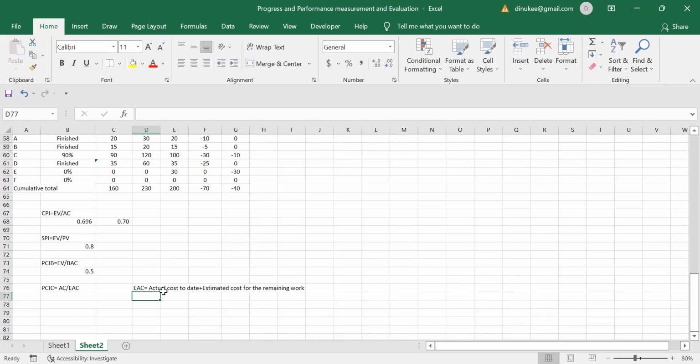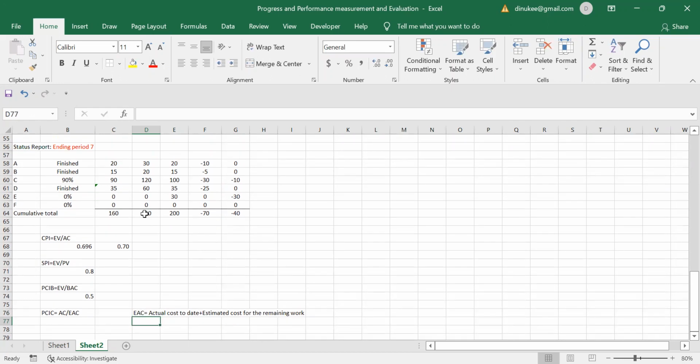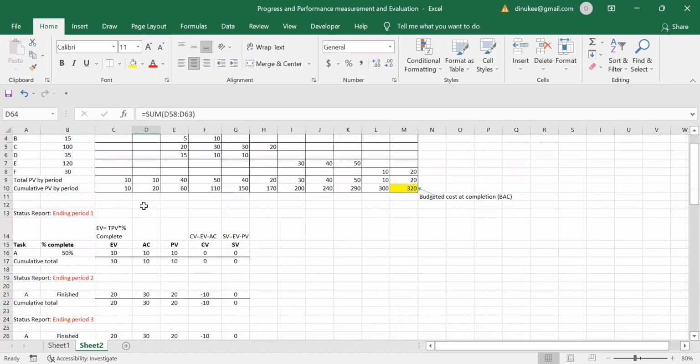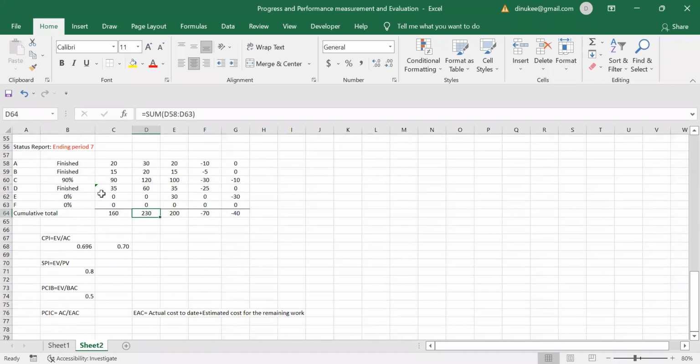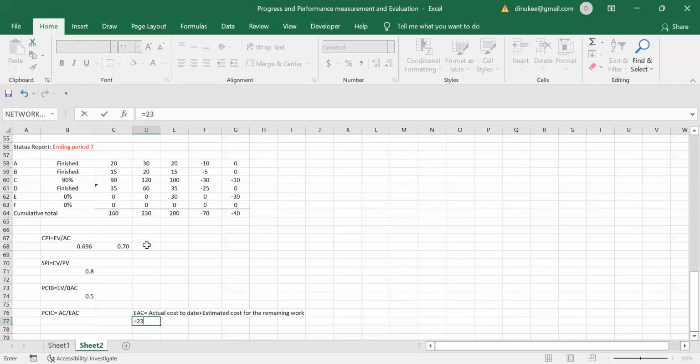So actual cost to date, for the ending period 7, this is the actual cost, right? So the actual cost column is here. The actual cost to date for the ending period 7 is 230. To that 230, you have to add the estimated cost for the remaining work, right?